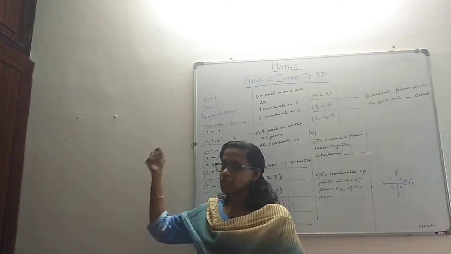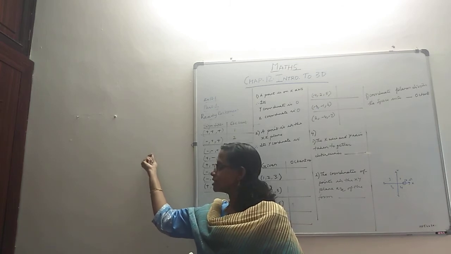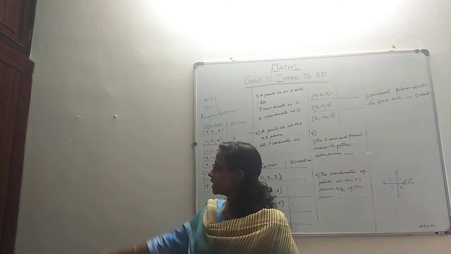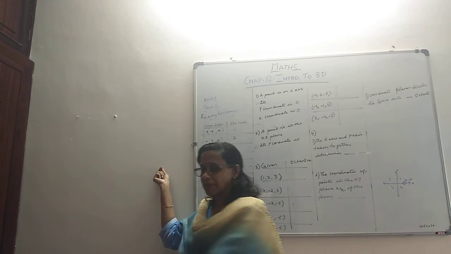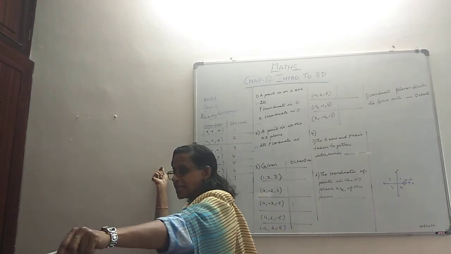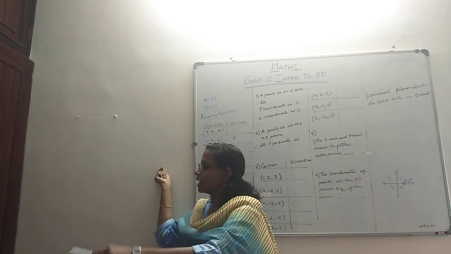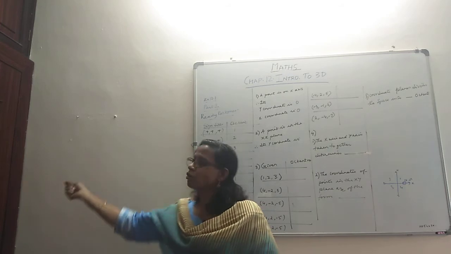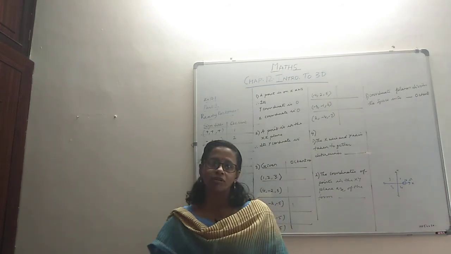But my point is in the plane. This plane has an x coordinate because this is the x-axis. It will also have a z coordinate because it's the z-axis. It will not have a y coordinate because the y coordinate moves that side, and it has nothing to do with the y-axis. When we drop perpendiculars, they will fall only on the x and z axes, not on the y-axis.